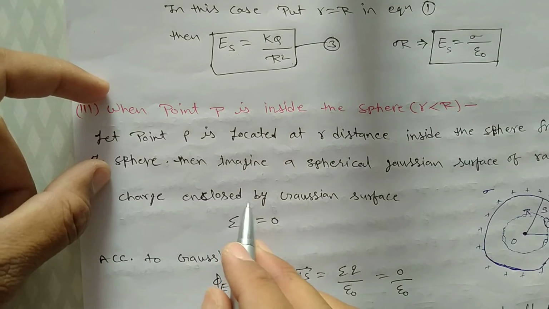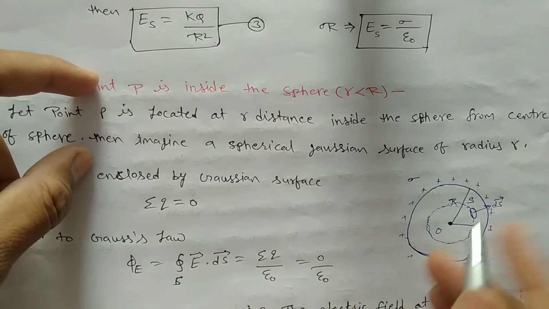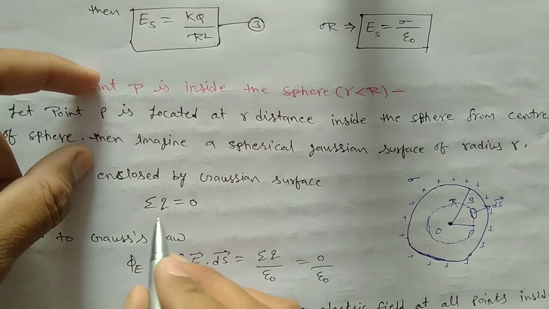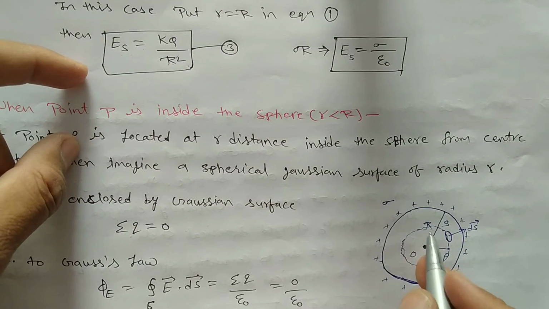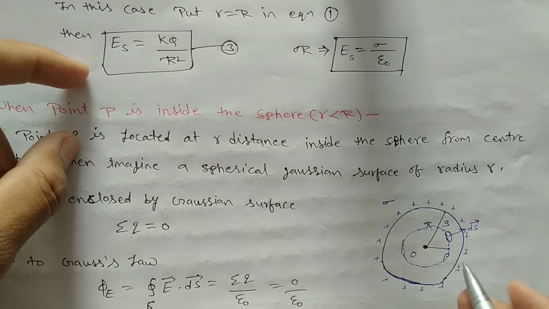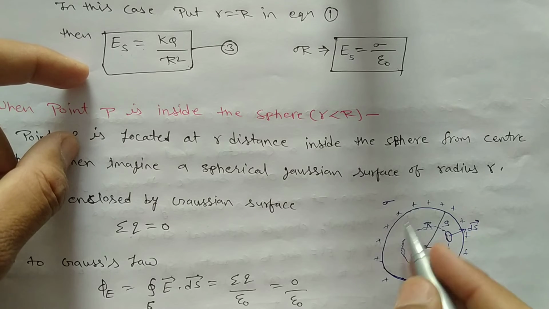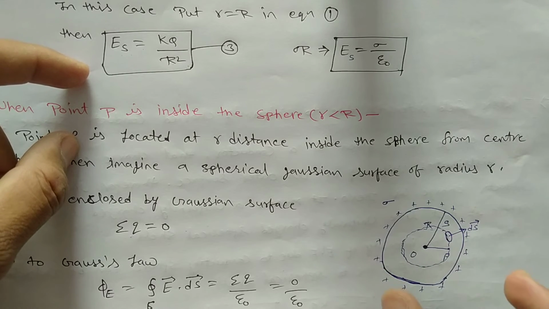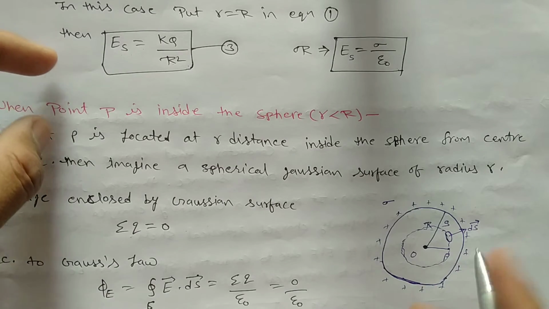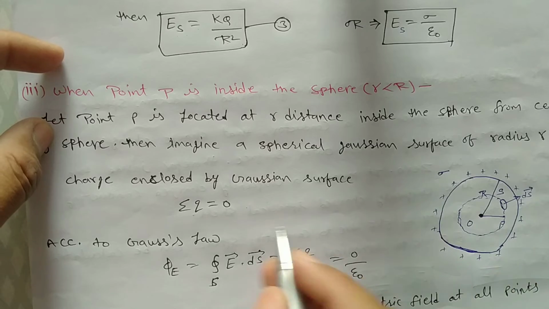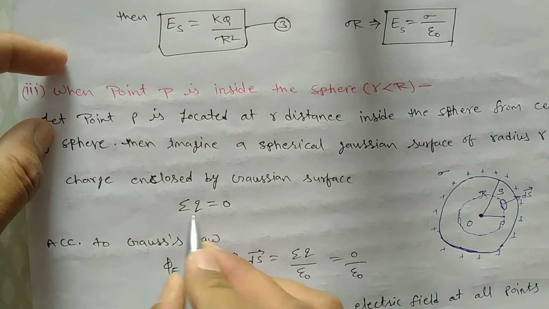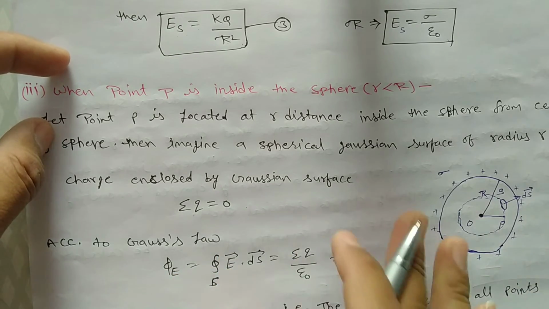So the charge enclosed by this Gaussian surface, summation q, is equal to 0, because the total charge is distributed on the outer surface of this spherical cell. In the internal part charge becomes 0, so summation q is equal to 0.